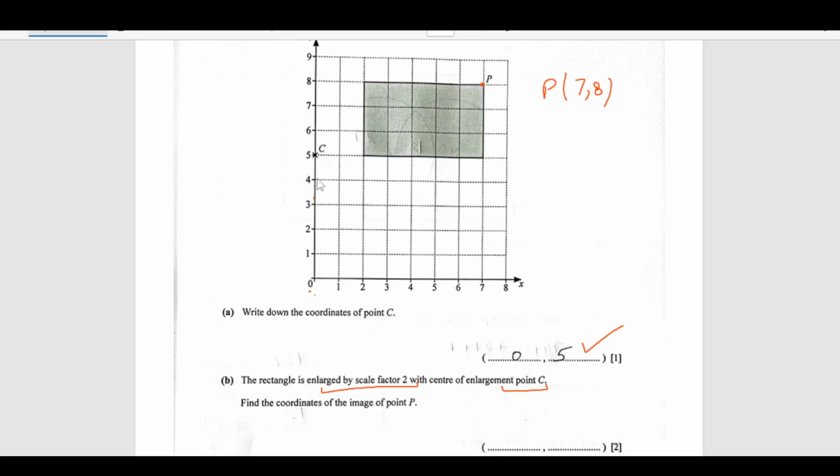So, this is going to be double, right. From C to P we have here 7, right. So, if we multiply by the scale factor, this 8 is going to be... okay, let us not take the point, we can do this in another way to make it much simpler.